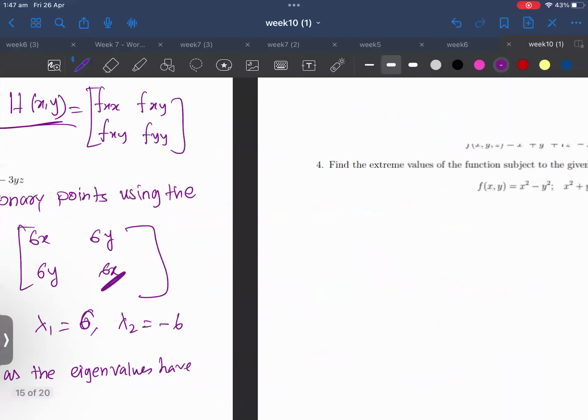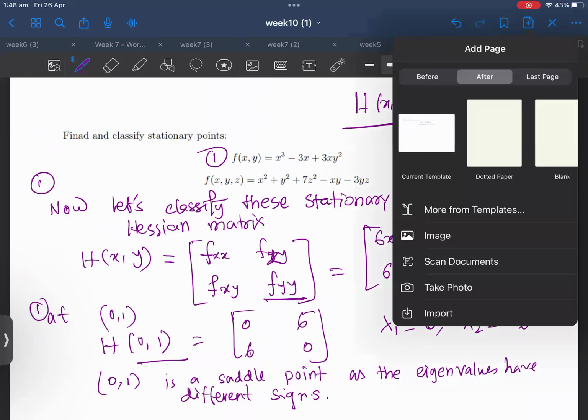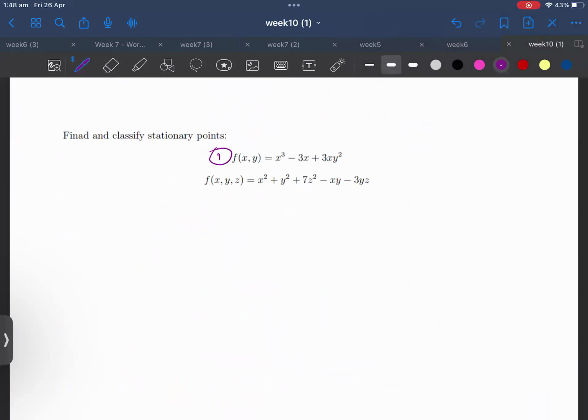So similarly, you need to find all the Hessian matrices and their eigenvalues. The eigenvalues you can find the same way as you have done in the linear algebra part. 0, minus 6, minus 6, 0.